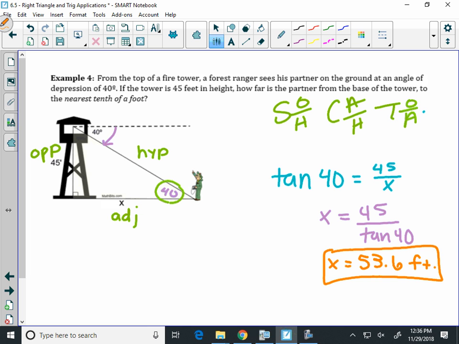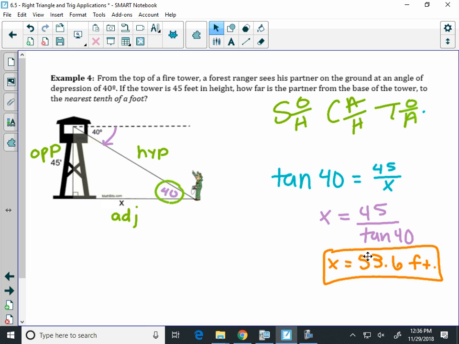Sometimes it might not necessarily be a 90-degree angle for you, or the info you're given might not work out with that. But that works too, I think, most of the time. You're just not technically told that that's a 90-degree angle, so you can't really assume. But it just happened to work out. Questions over that? Yes?